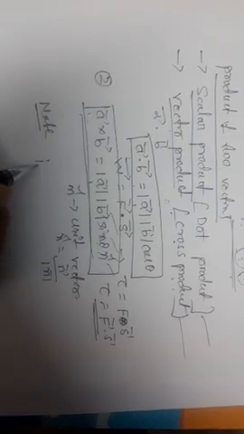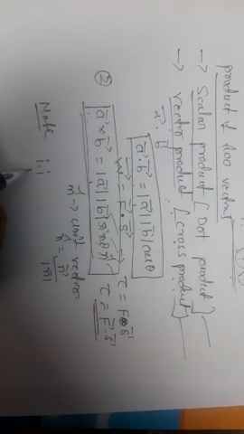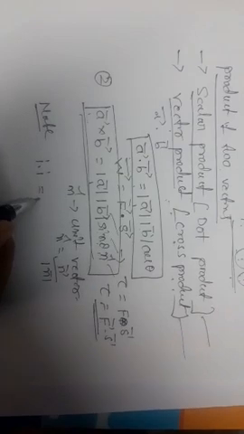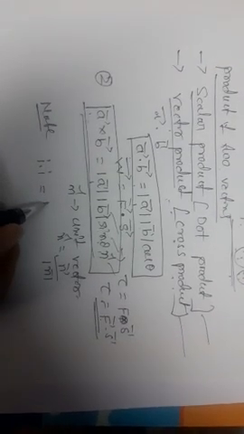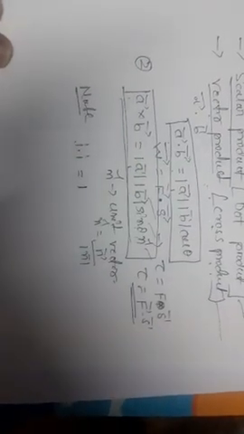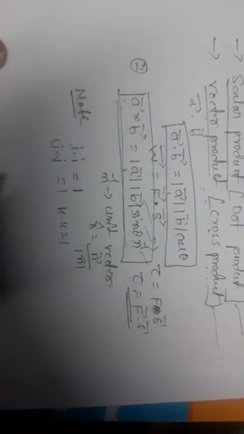The dot product of any two vectors: i dot i is 1, j dot j is also 1, k dot k is also 1.